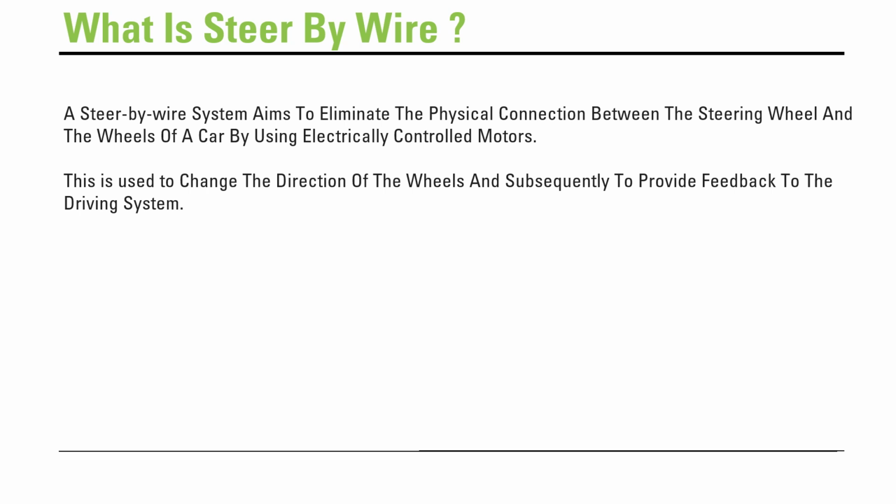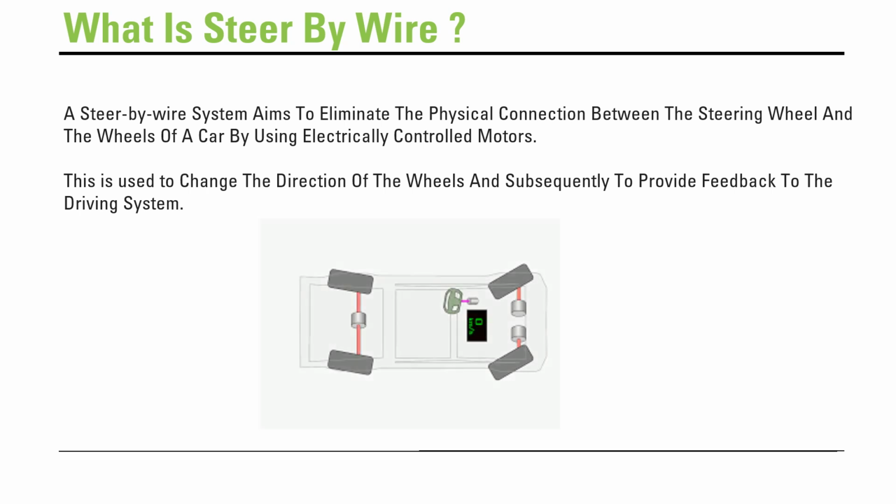And this will be used to change the direction of the wheels and subsequently provide the feedback to the driving system. So it's just a short picture where you can see there is no physical connection or physical rod directly connected to the shafts of the wheels in between. And let's go to next slide.